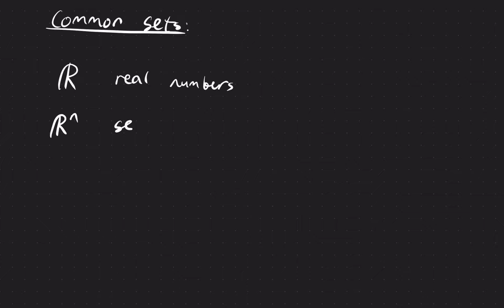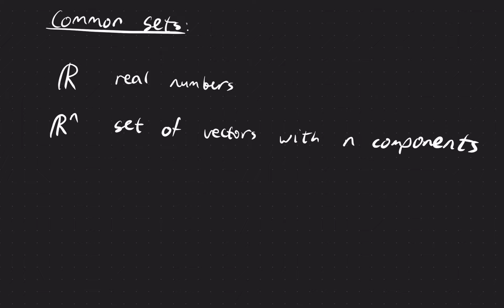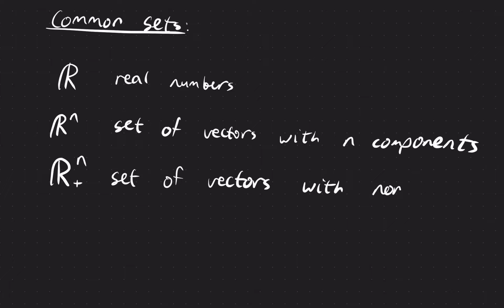Rn is the set of n component vectors. So R4 is the set of vectors with 4 components. We say R+^n is the set of vectors with non-negative components.